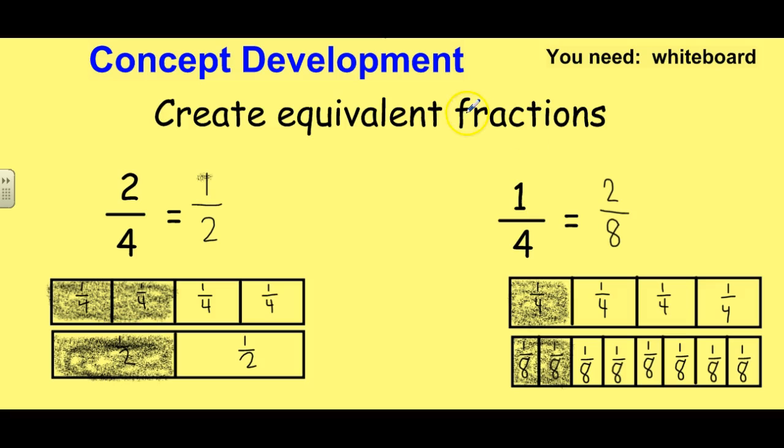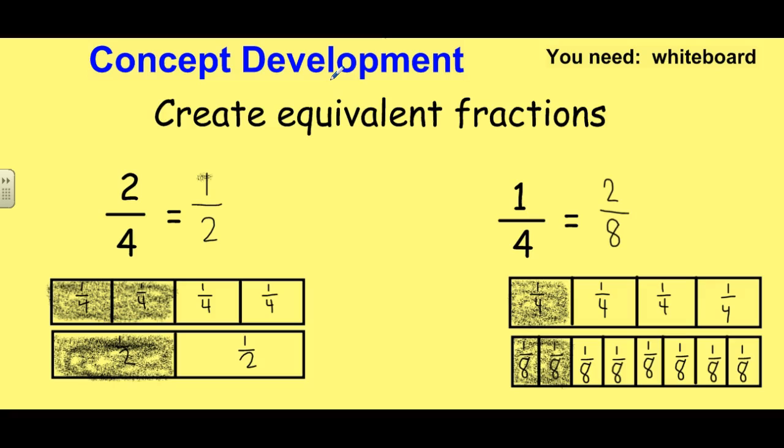Okay, before I move on, I want to show you a trick. Now that we've learned what equivalent fractions are and you've learned how to make equivalent fractions by just putting a fraction and then doubling it or dividing it by 2, that's all we do when we create equivalent fractions for the most part. Sometimes you may multiply it by 3, or sometimes you may multiply it by 4.